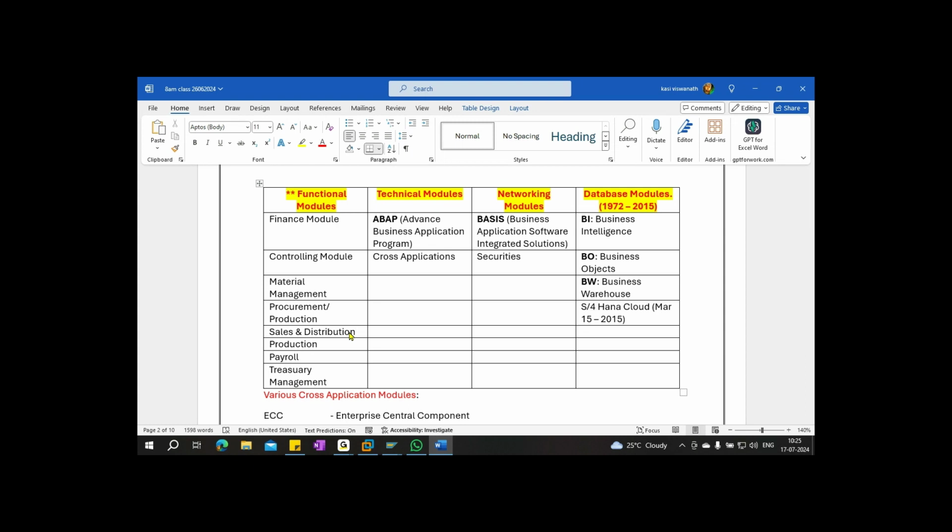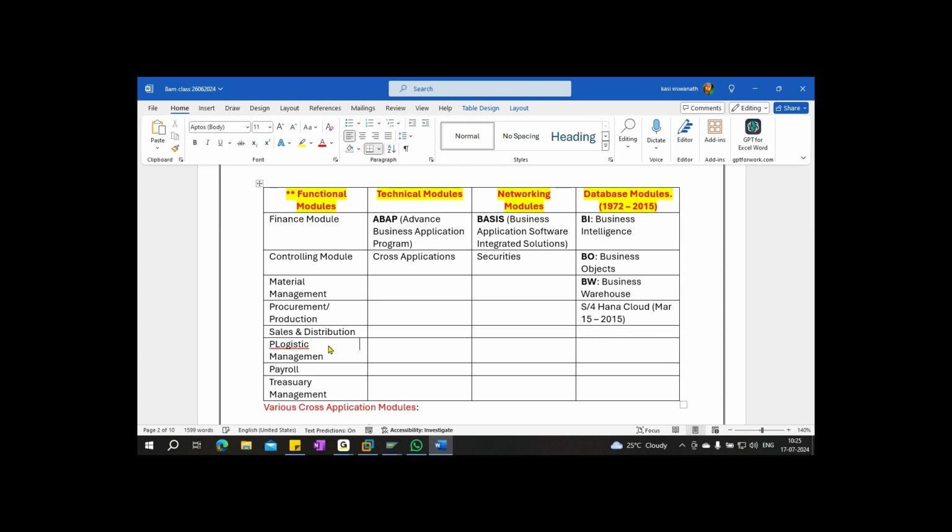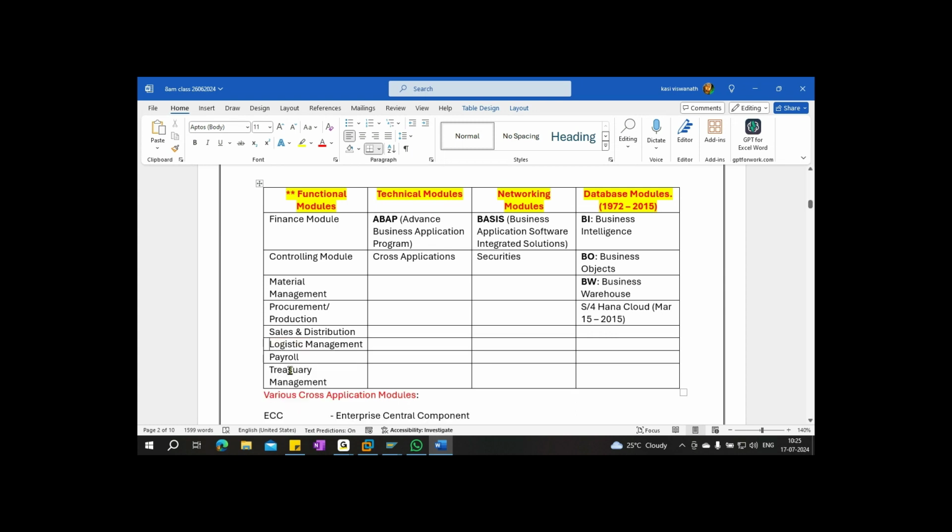Fourth, procurement or production. Next, sales and distribution.